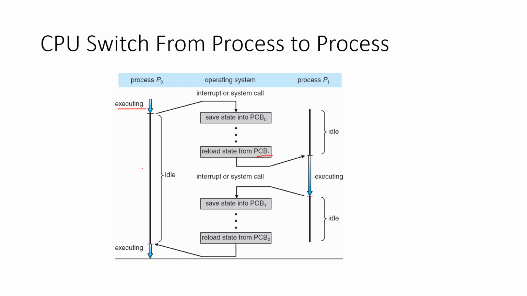Now again it has come back to process P0 because it is loading the PCB of 0 information into the system. Once that is done, process 0 will continue its execution. So at this time, when there is switching between processes, P0 was idle till it was reloaded again and the CPU was assigned to it.